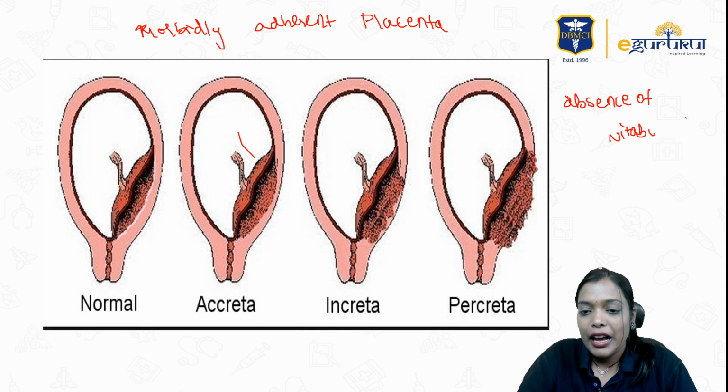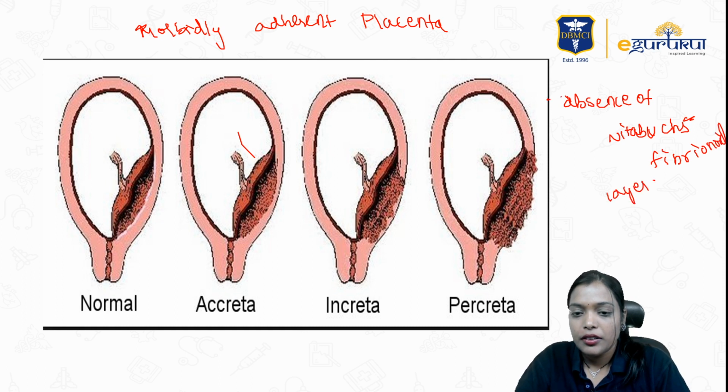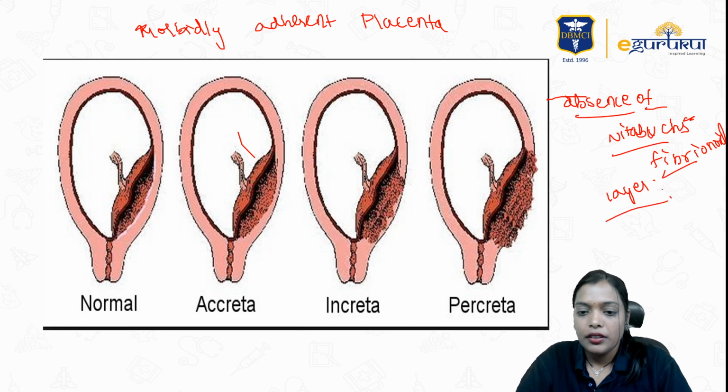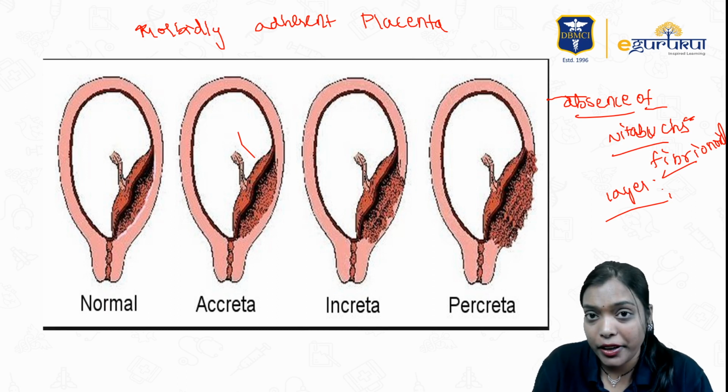Whenever there is absence of the Nitabuch fibrinoid layer, it will result in the placenta going beyond the endometrium.